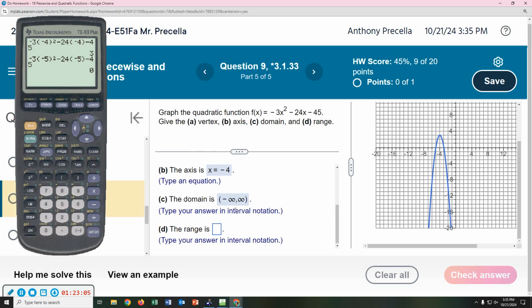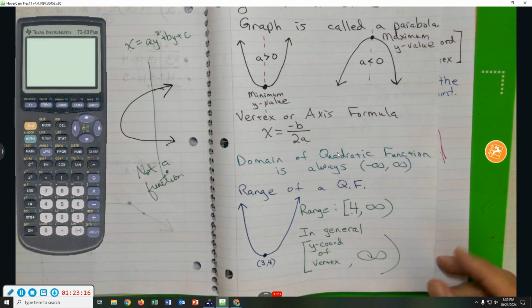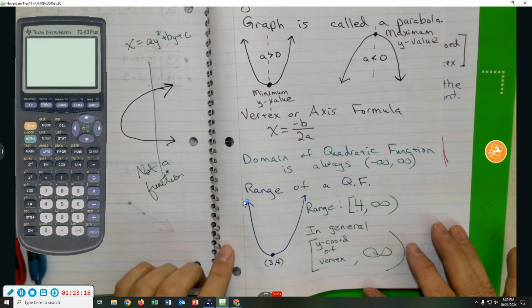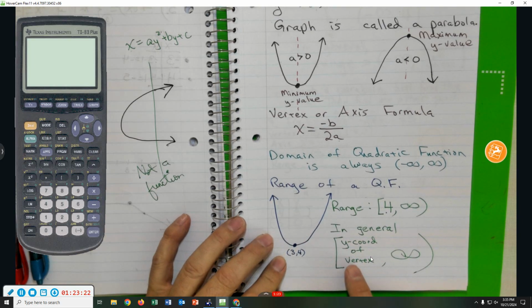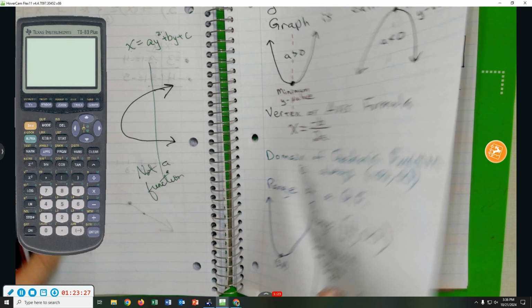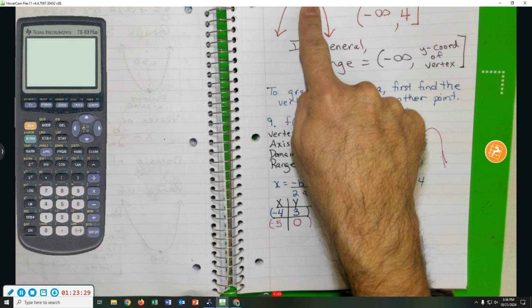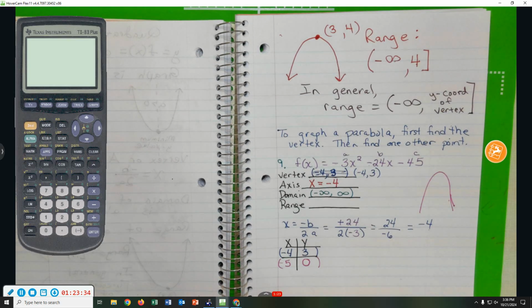The range. Remember we said the range takes some discussion. Look back at how we have it here. What we were doing here, if a parabola opens upward, then the range is in the form y-coordinate of the vertex, comma, infinity. The one we're doing, the parabola is opening downward. So let's look at that graph and analyze it.